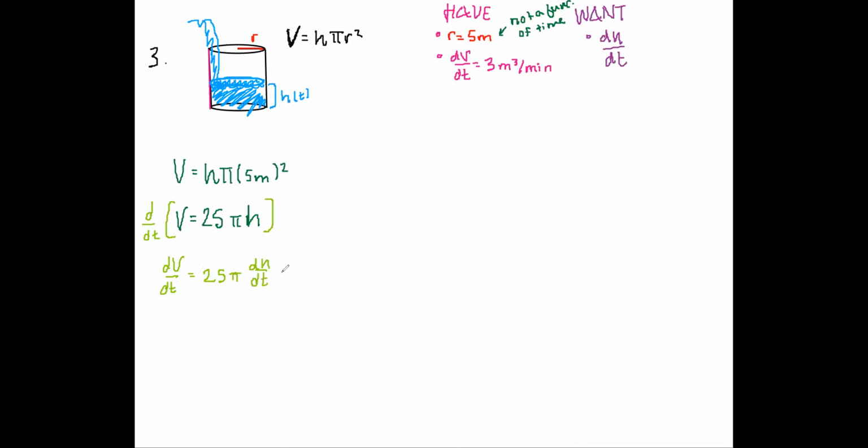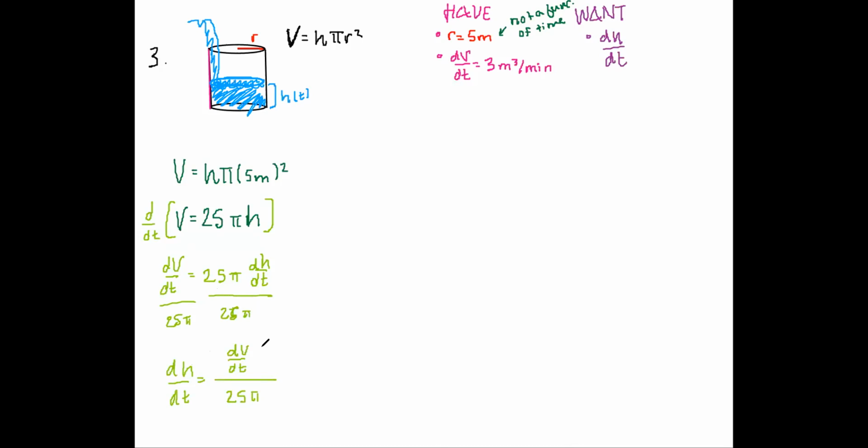Okay. Awesome. So this is probably a lot easier to work with than what you were trying to work with when you left the r there. Even getting to this point makes it so much easier. Makes more sense. I didn't even get to this point before. So what we can do is rearrange a little bit, and we'll end up with dh/dt is equal to dV/dt over 25 pi.